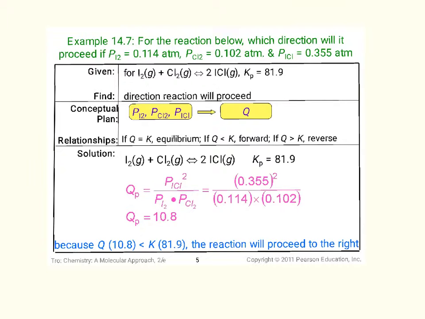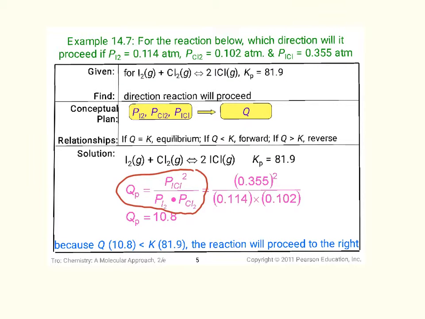The first step you need to take is to set up the equation for the quotient. The equation for the quotient, based on the expression for the reaction between iodine and chlorine, we have in this area. This is the expression for the quotient.